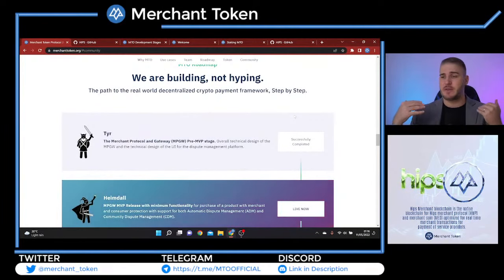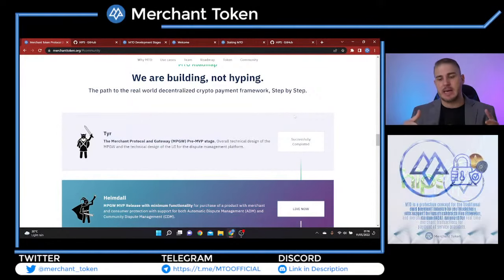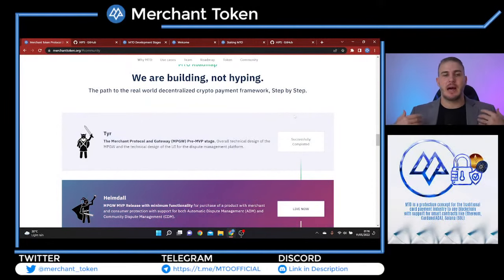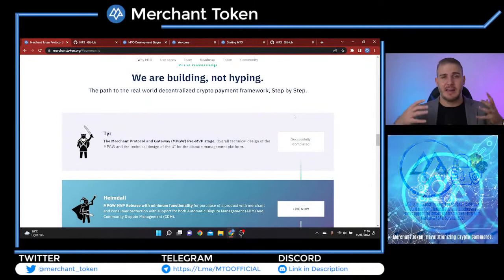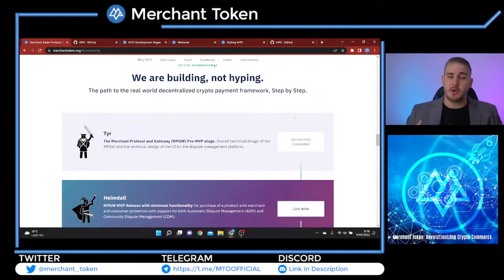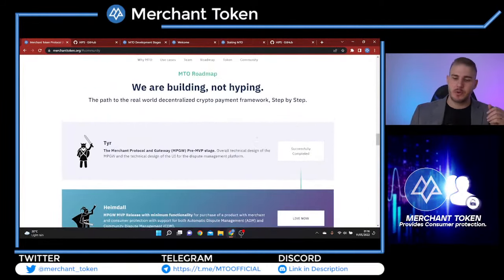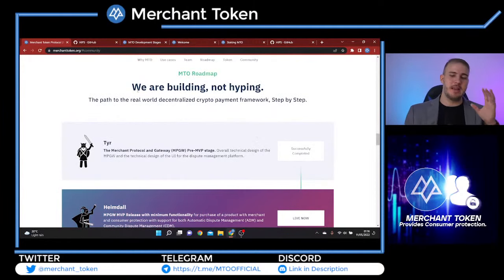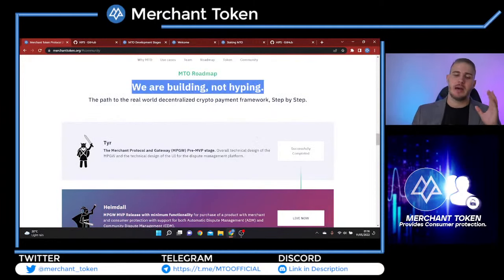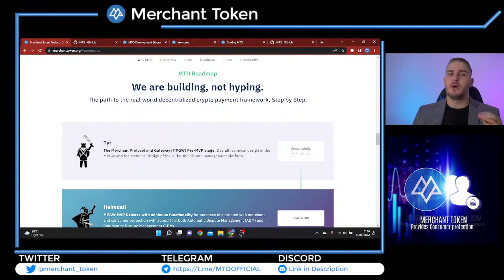It's not giving power to anybody to control MTO, but instead it allows us to build the idea of consumer protection for blockchain, and it's going to give that power to the token holders and to the people who are actually going to be using and benefiting from MTO itself.